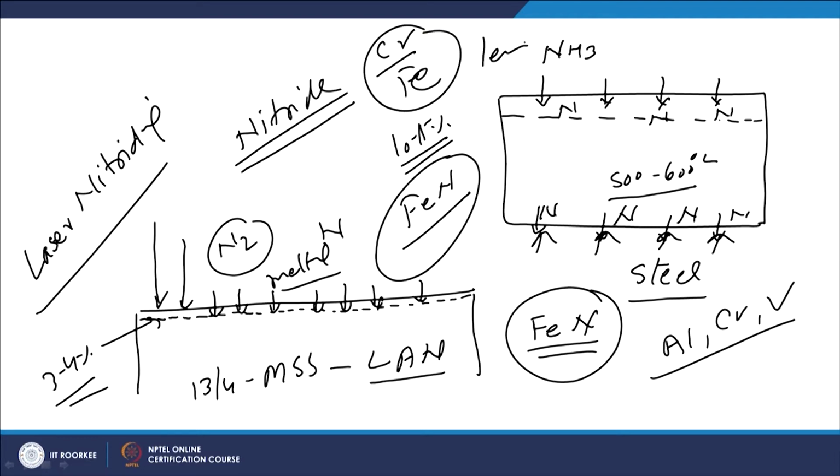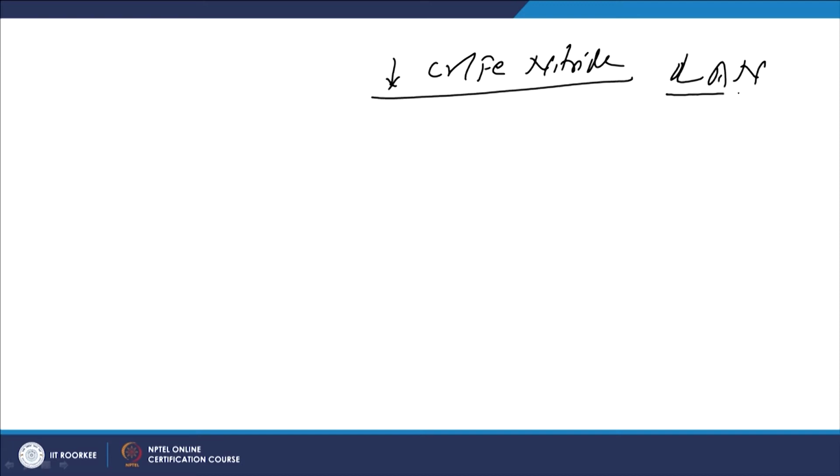So, immediately after the nitriding, when the nitrogen is introduced in this range, the proportion of the nitrides of chromium and iron is limited.